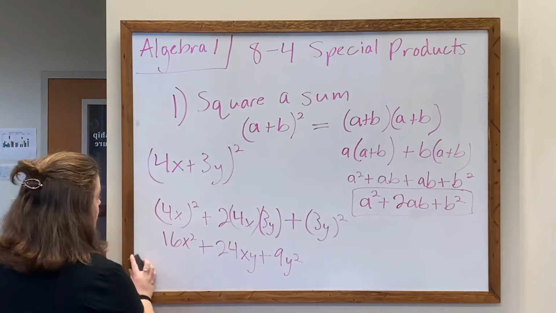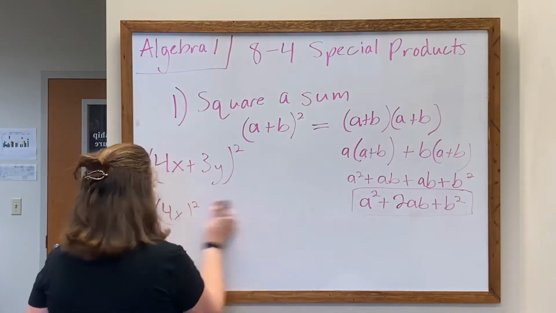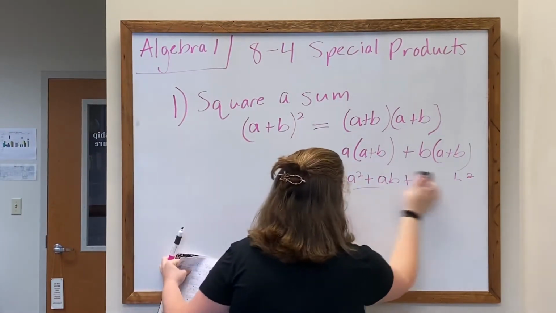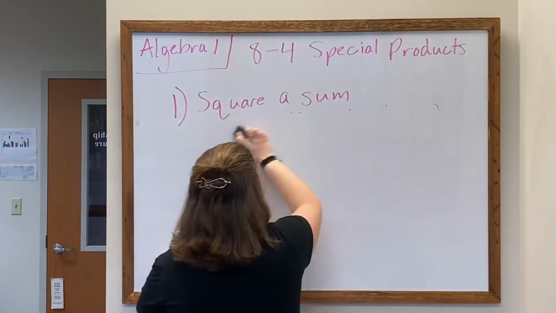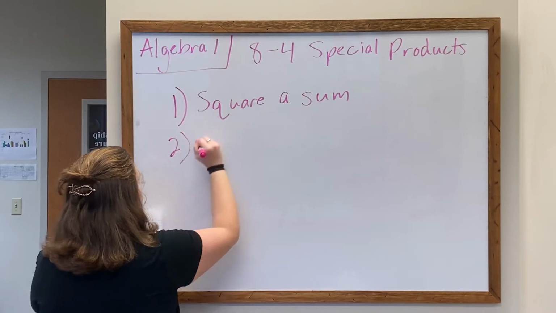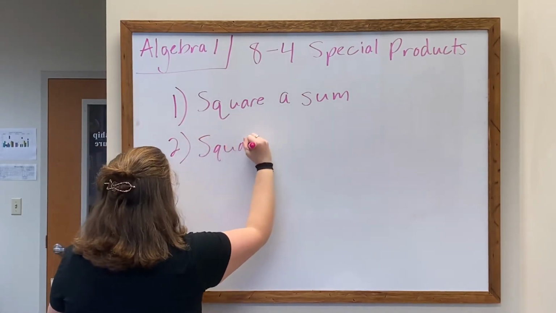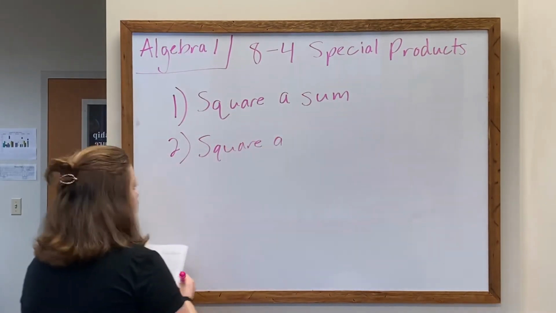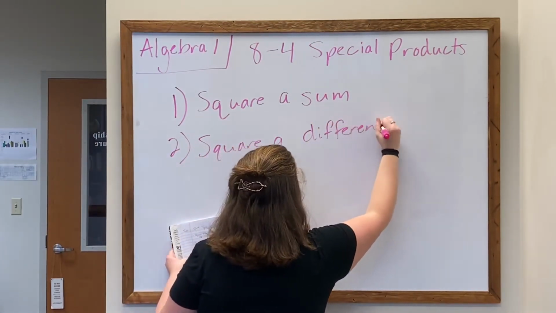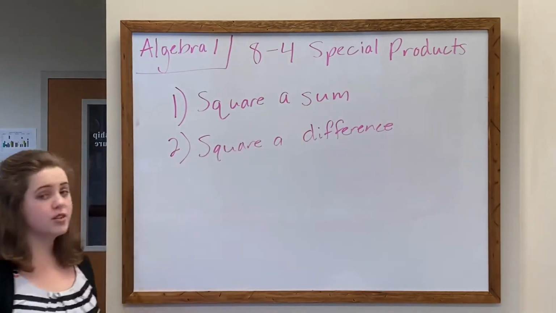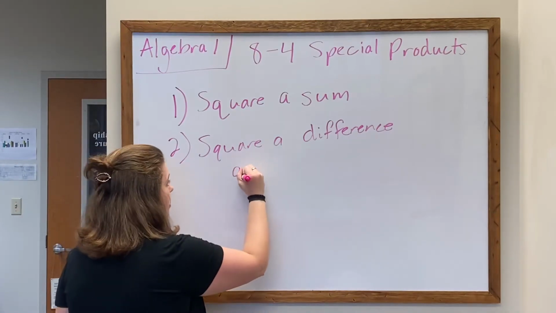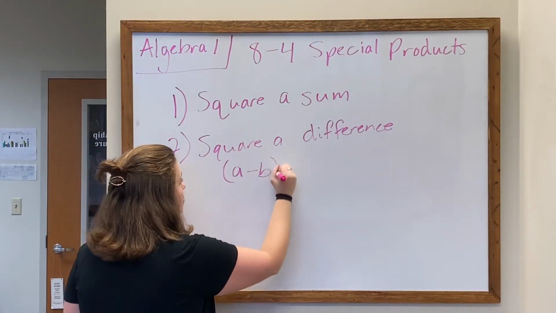The next special product: first we did squaring a sum. Next we're going to do when we square a difference. So a sum was (a plus b) squared. A difference is going to be (a minus b) squared.